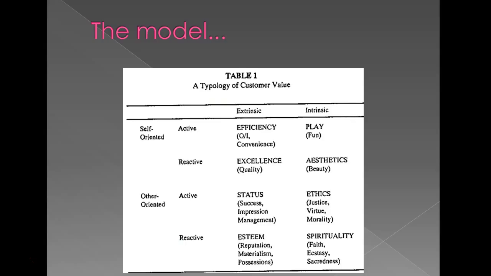So for example, if we look at the customer value typology of play, which is all about fun, we will notice that this is a combination of self-orientated and intrinsic consumer behaviours.